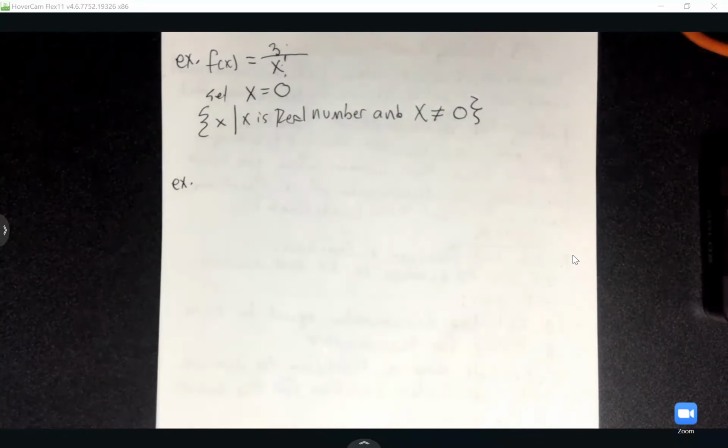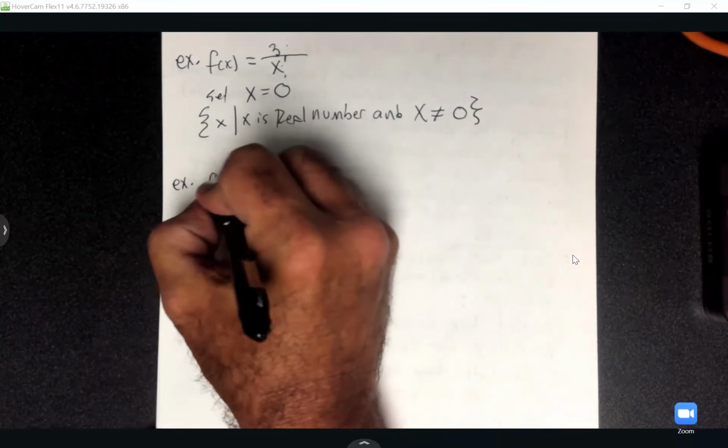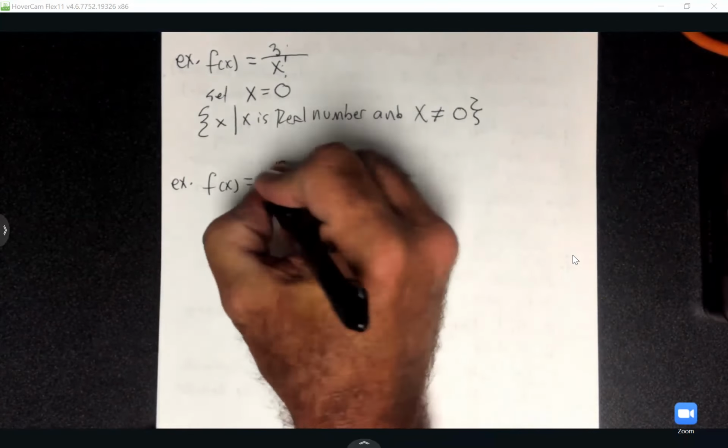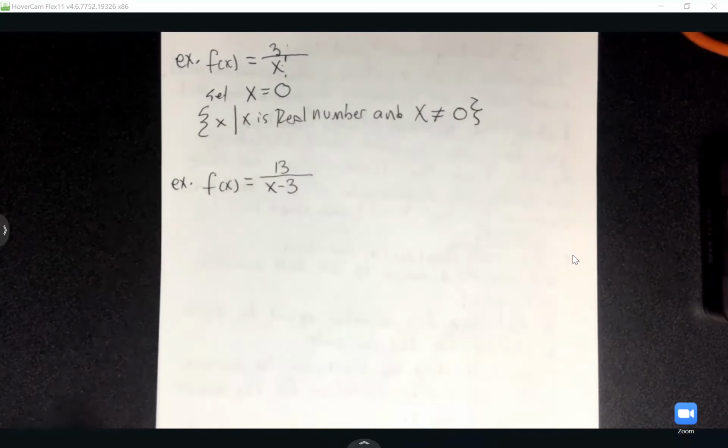All right, so y'all, I'm gonna let y'all help me on this one. So here we go. We got an f of x equals 13 over x minus 3.